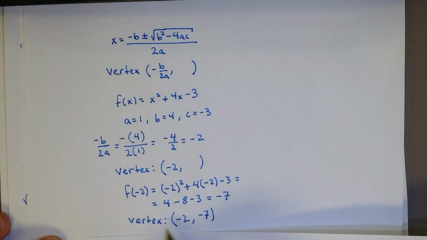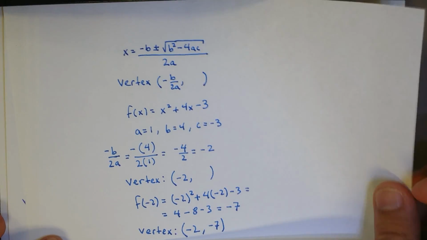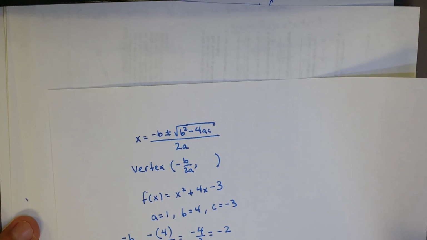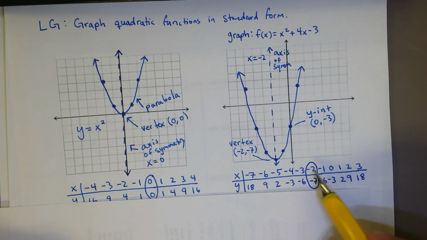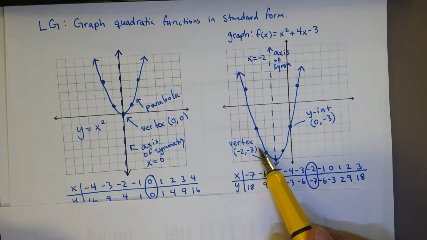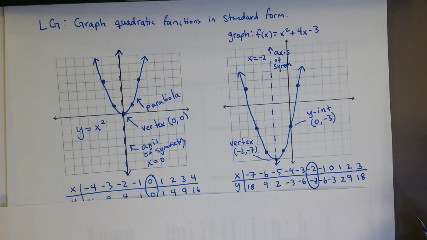So my vertex is -2, -7. And now if we look back to the previous problem when we graphed this equation, you can see that -2, -7 is in fact the vertex, so this new method works.